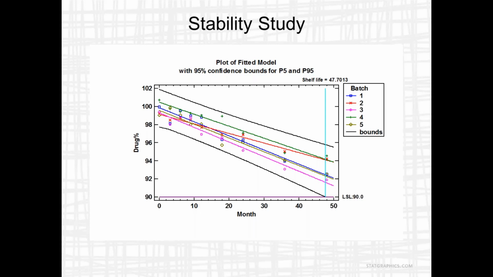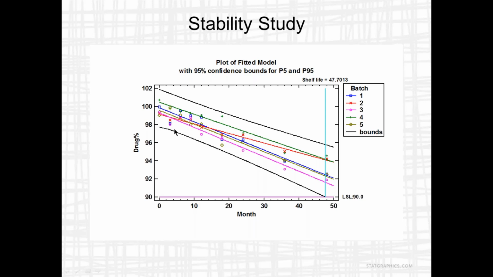The way a stability study works is you model potentially each batch separately and then put confidence bounds around all of the batches, typically confidence bounds for something like P5 or P95. That'd be the 5th percentile.